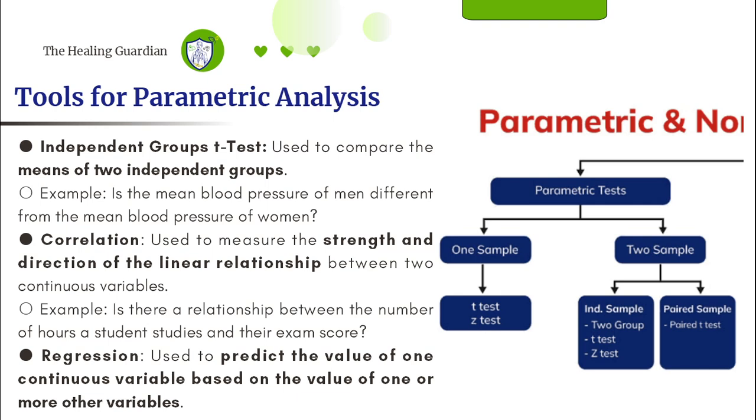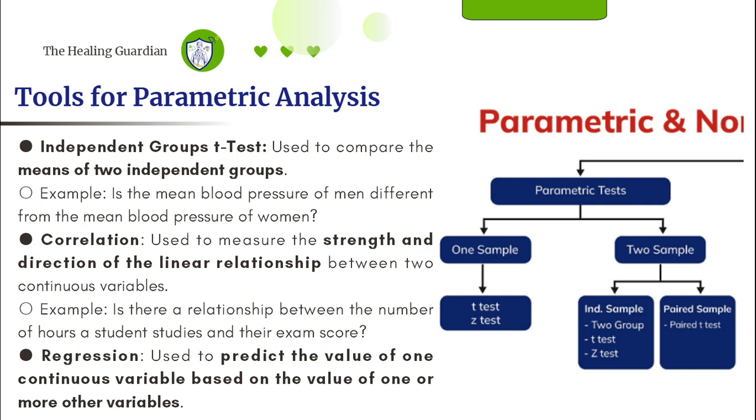Since men and women are independent populations, I can use the independent groups t-test to see if there is a difference. If I get a small p-value, then I make a conclusion in comparison with the hypothesis or the research questions that I stated at the beginning.